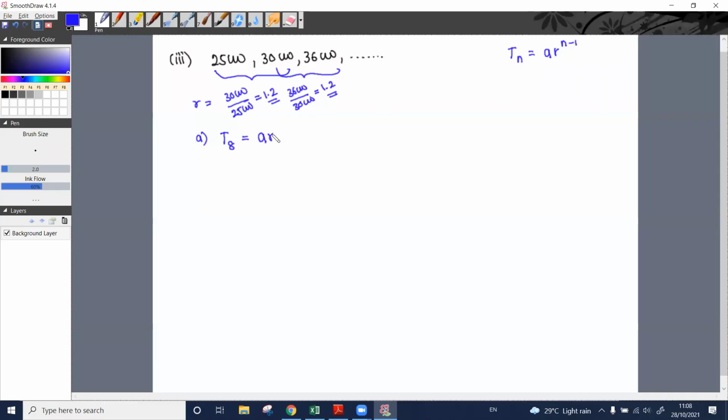A into r to the power 8 minus 1, that is 7. A into r to the power 7. What is a? A means the first term, that is 25,000, into r value, 1.2, to the power 7. Therefore, the 8th term should be what?